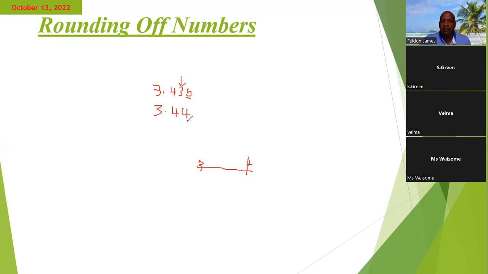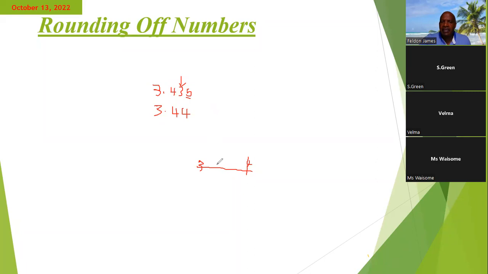Now, the next number that follows would be in the hundredth column, but this would be in the thousand column. This is a smaller fraction than this, but in order to add 1 to this 3, when we're counting, you would have to go right up to 10, and then we would add 1 to the 3.